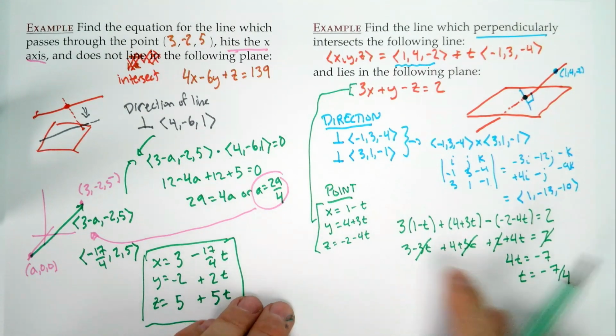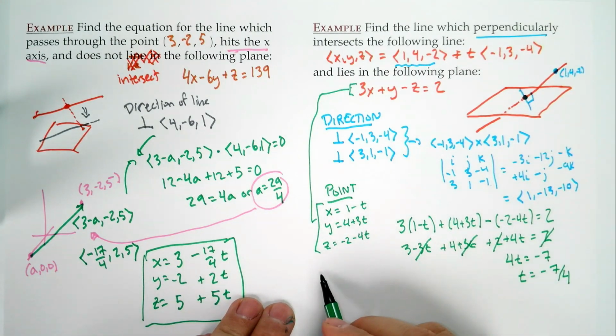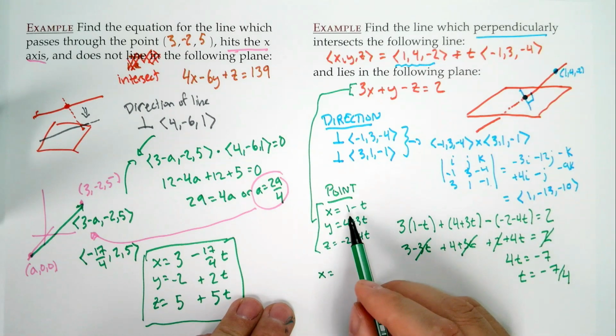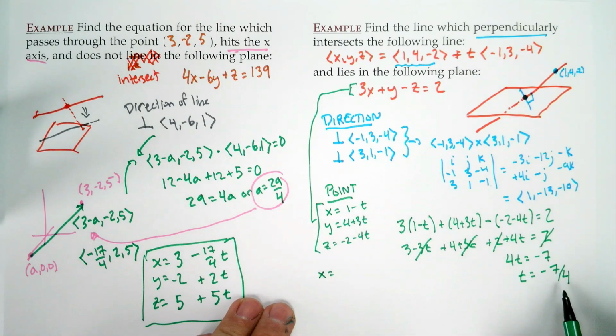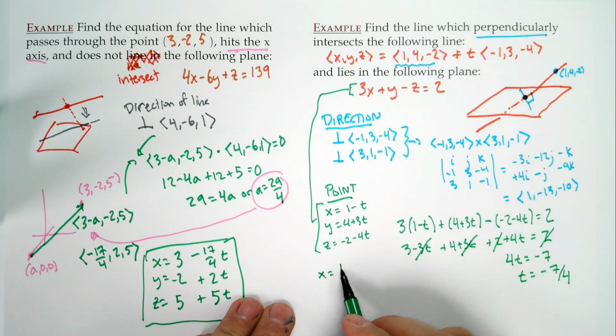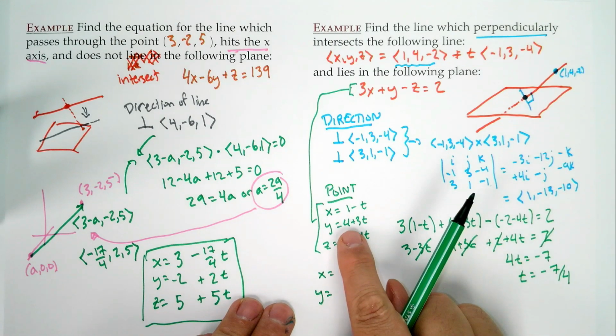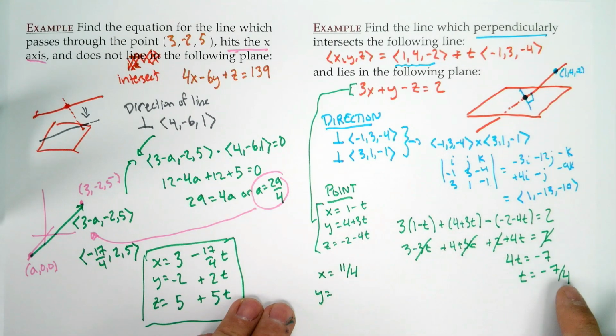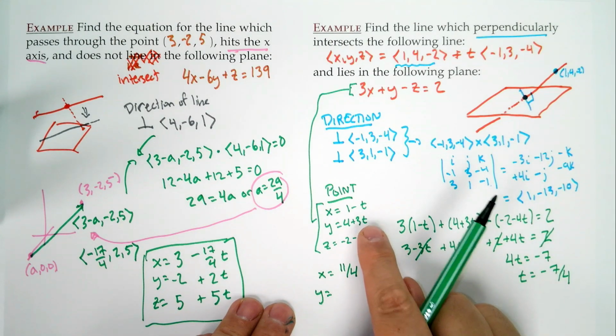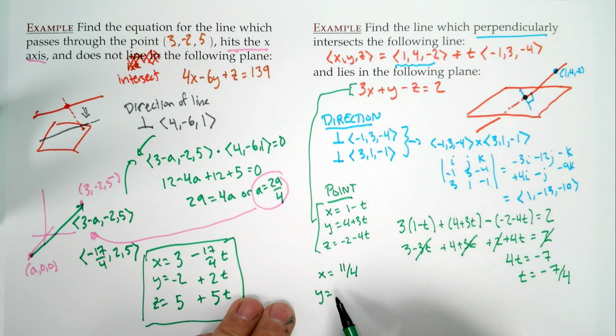So we plug in negative 7 fourths into our expression. So 1 minus negative 7 fourths, that's 1 plus 7 fourths, that's 11 fourths. For y, well, we're going to get 4, which is 16 fourths, subtract 21 fourths. 16 subtract 21 gives us negative 5 fourths.